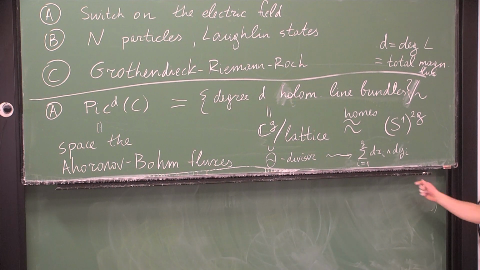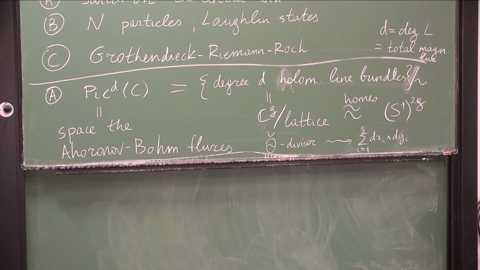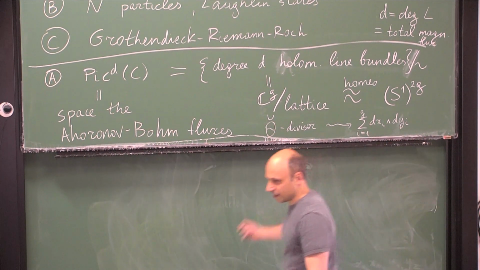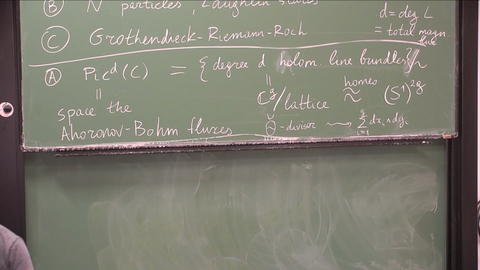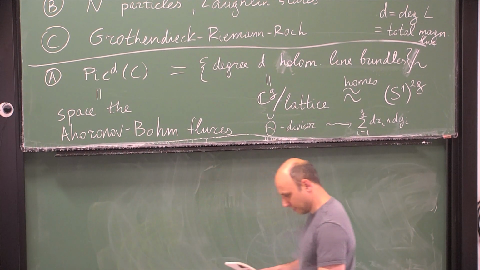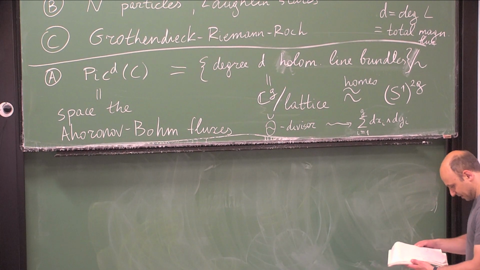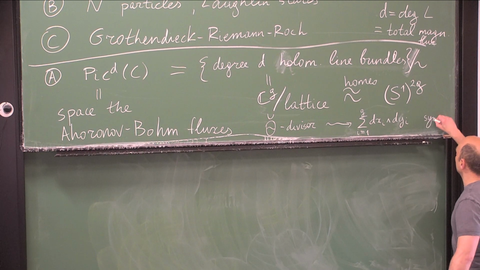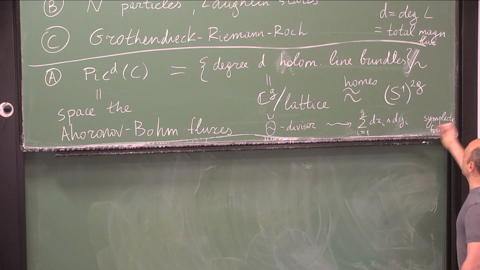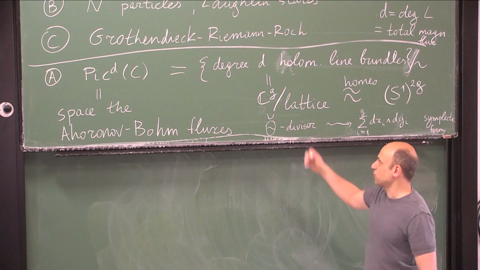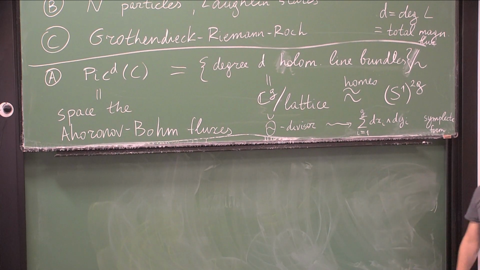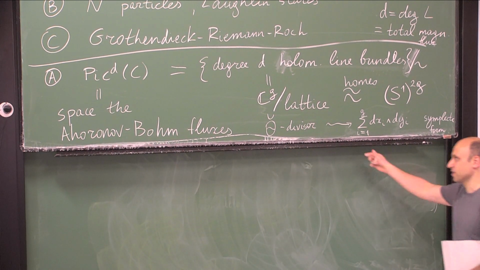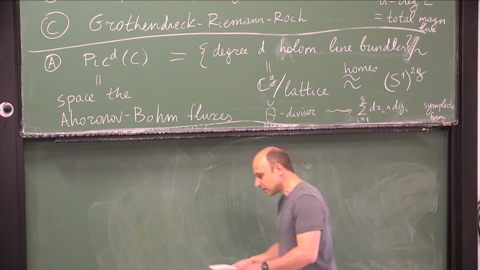So we will use that a lot. I think this is the first take on the electric field. So this is the symplectic form. There is a symplectic form on this torus that is Poincaré dual to the theta divisor, so I will denote it by theta.